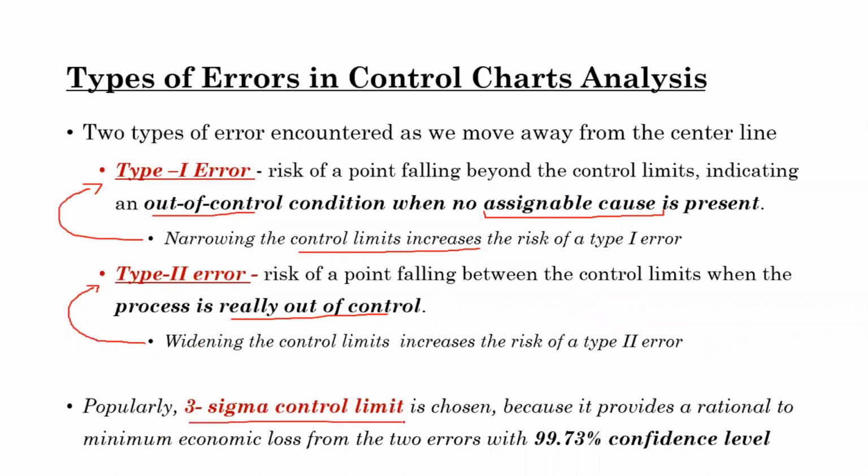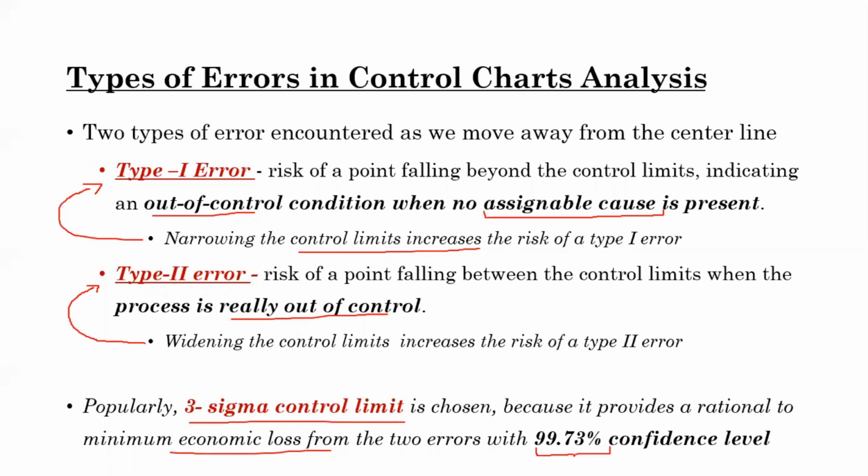But popularly, as I said previously, we would use the 3 sigma control limits, and this gives us a higher control over our errors. The 3 sigma control limit is chosen in order to provide a rationale for minimum economic loss, okay, with a 99.73% confidence level.